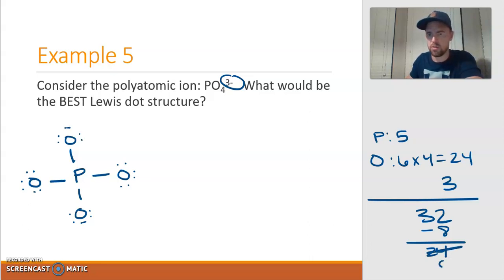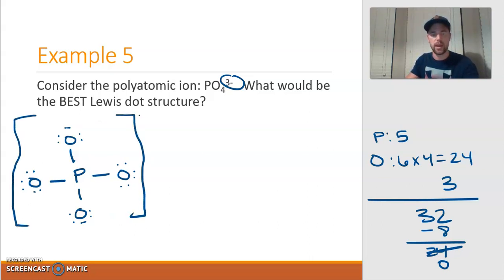So I just used up all 24. There's 0 left over. And if I take a look, my oxygens are all happy. And my phosphorus is happy, 8 valence electrons. The only thing left to do is, since it's an ion, I just need to put brackets and then put the charge on the outside.